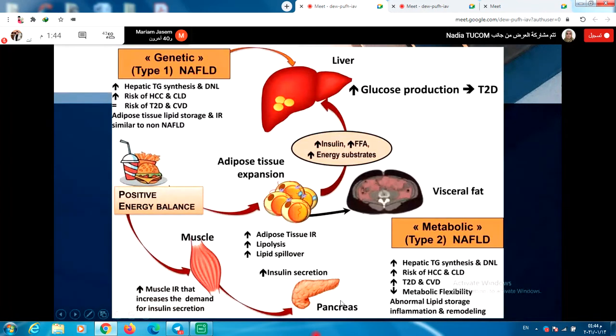The pancreas will secrete a lot of insulin without benefit because of increased resistance in the peripheral tissue, an increase in fatty acids, and an increase in glucose production by the liver, resulting in type 2 diabetes with accumulation of visceral fat.